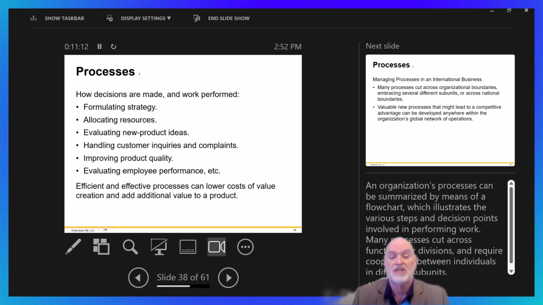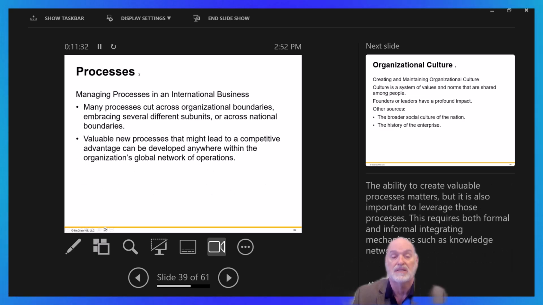Processes, how decisions are made and work performed. Formulate the strategy, allocate the resources, evaluate new product ideas, handle customer inquiries and complaints, improve product quality, and evaluate employee performance, etc. Efficient and effective processes can lower costs of value creation and add additional value to a product.